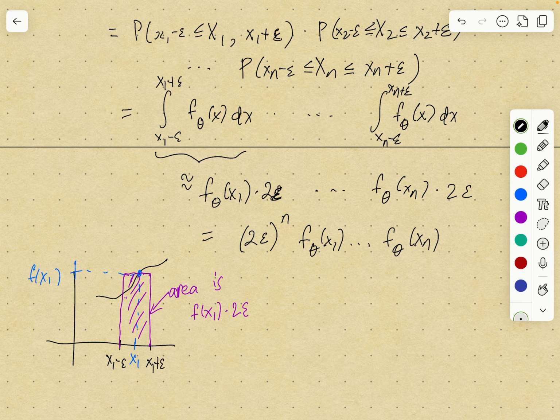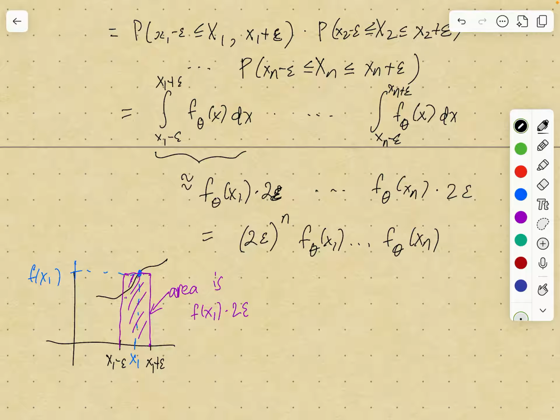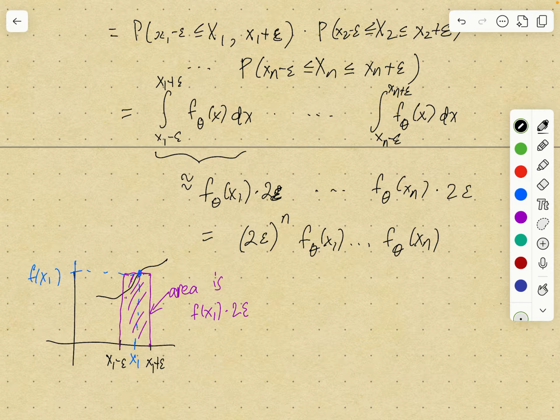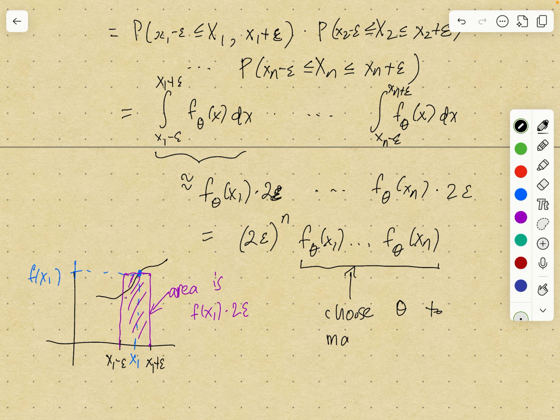And the idea is that this is a fixed epsilon, and so if you can make this as big as possible, we choose theta to maximize this.